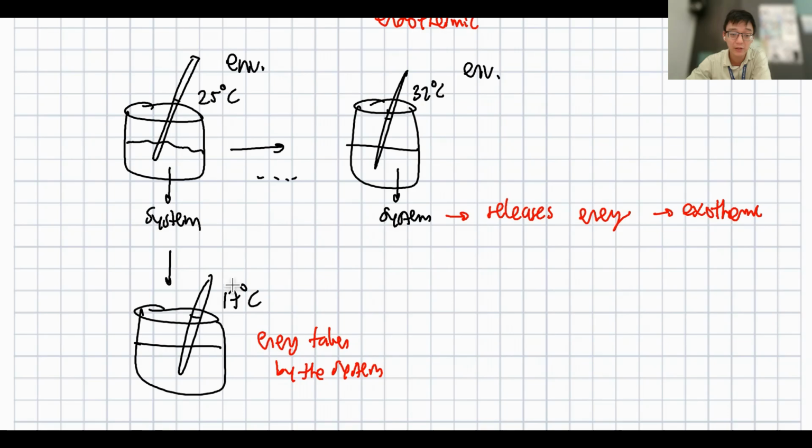That's why it will feel colder here, while the system itself actually gains energy. This is what we call an endothermic reaction. An example would be when you put alcohol on your palm, and after some time it evaporates. Your hand would feel cold. Why? Because the heat from the palm is taken by the alcohol so that the alcohol can evaporate.